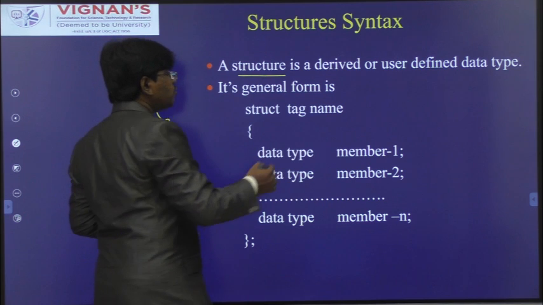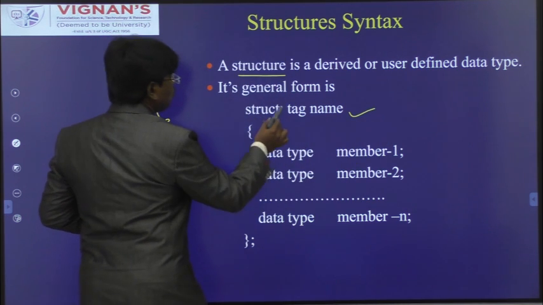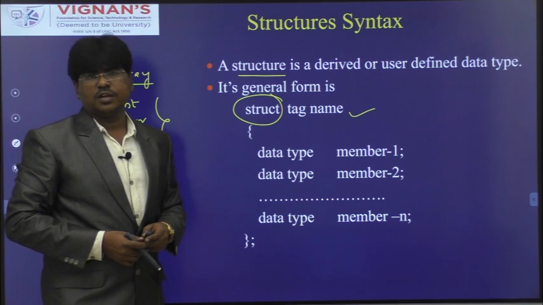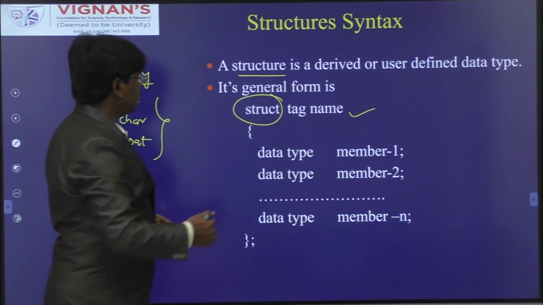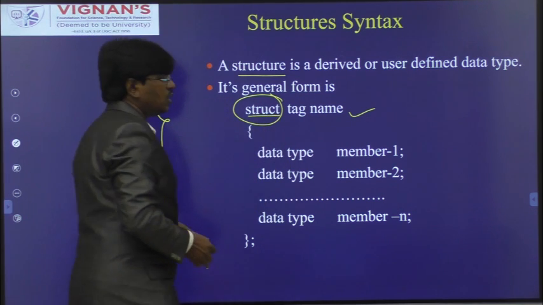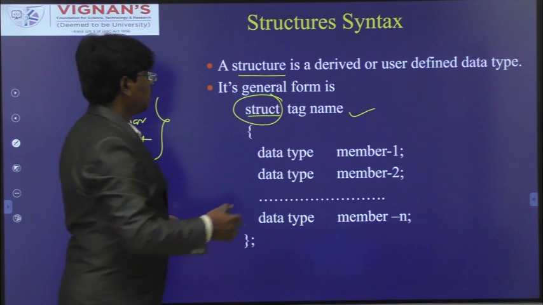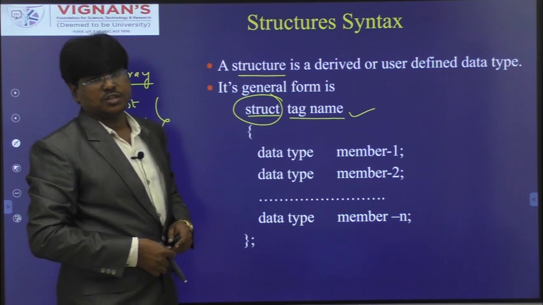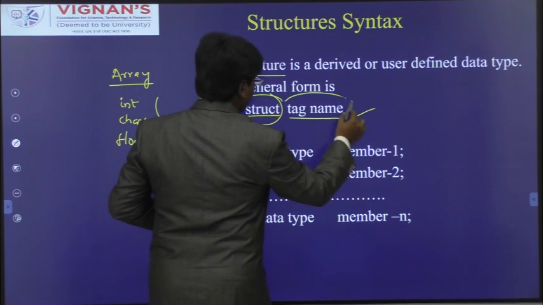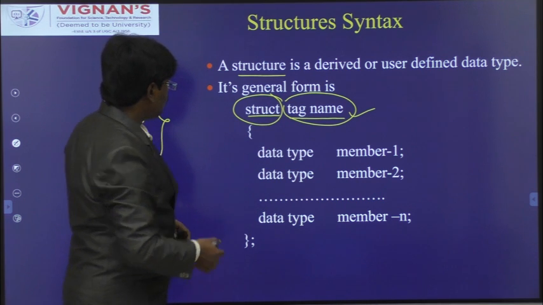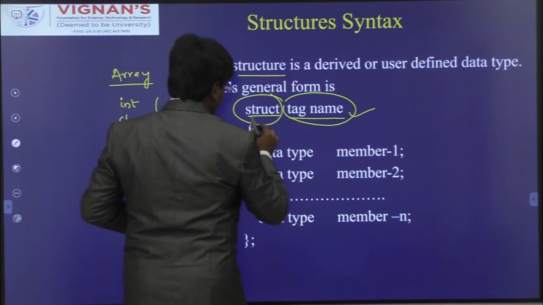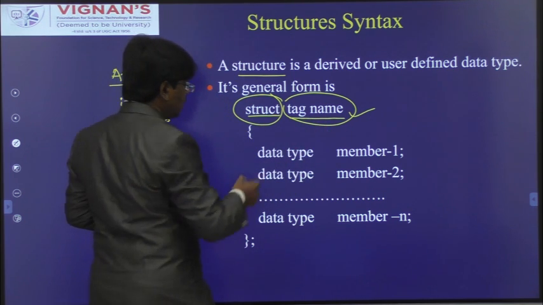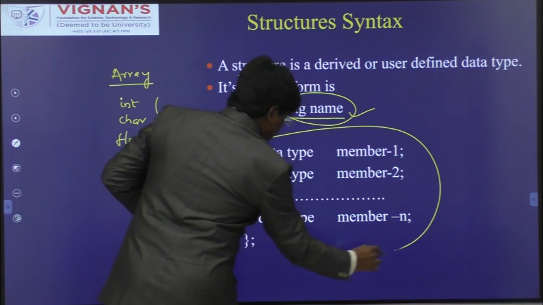The syntax for declaring a structure is, you have to use the keyword struct. It is very, very important. The reserved word for declaring a structure is nothing but struct. This is the keyword that we have to use to declare a structure. Following the keyword, you have to mention the name of the structure. This tag name indicates the name of the structure. So the structure syntax consists of the struct keyword, then you name the structure in order to identify it, and then you declare the body of the structure.